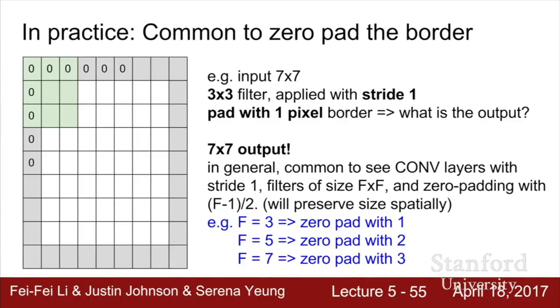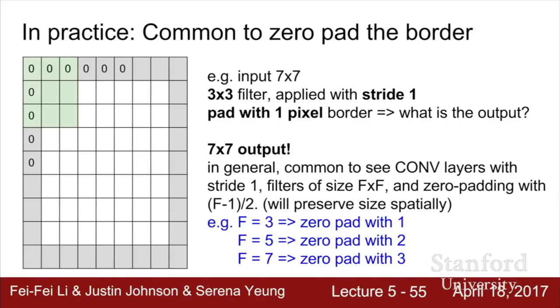So we saw how padding can help you maintain the size of the output that you want, as well as apply your filter at these corner regions and edge regions. In terms of choosing your filter size, stride, and zero padding, what's common to see is filters of size 3 by 3, 5 by 5, 7 by 7.